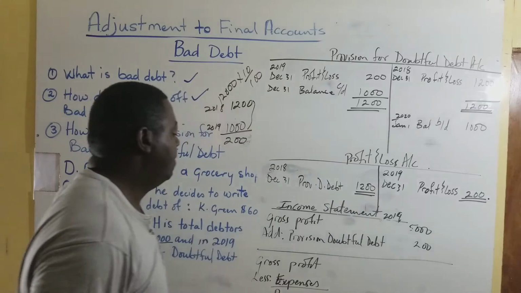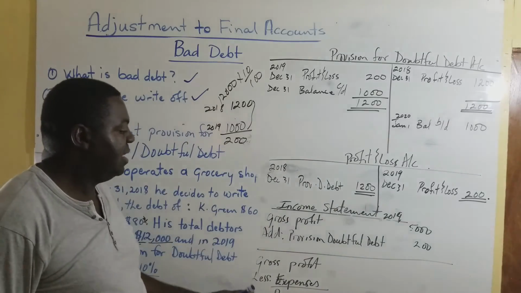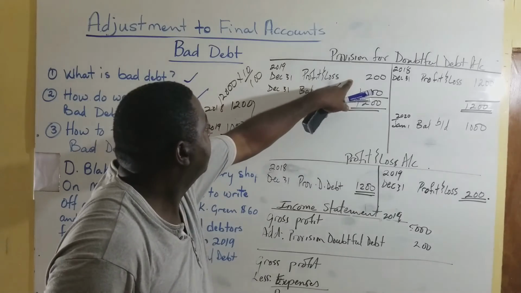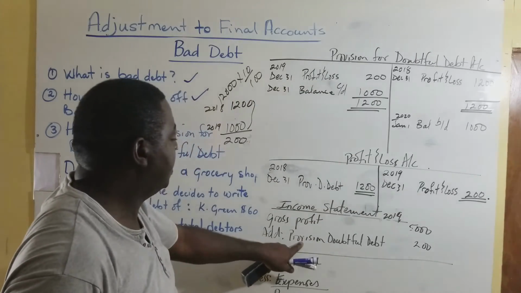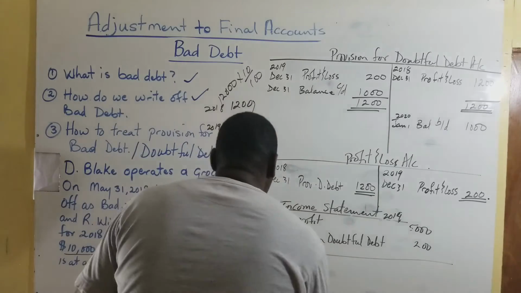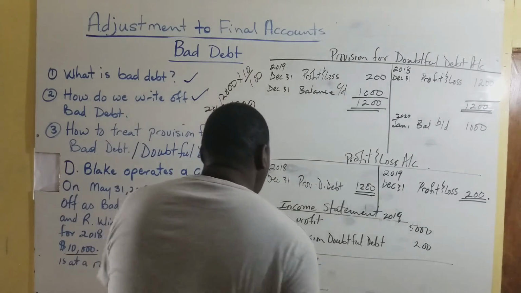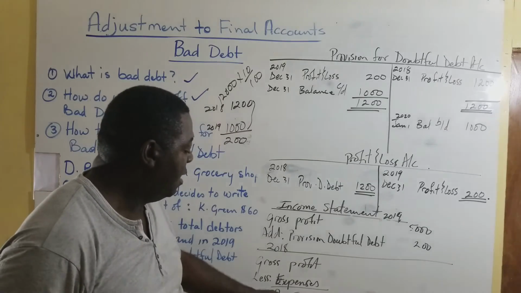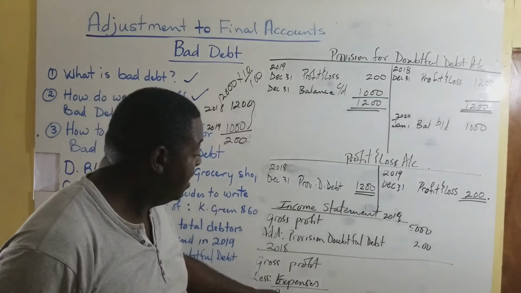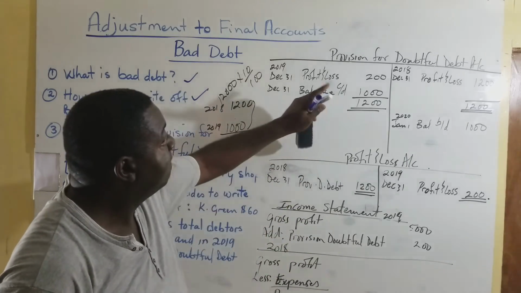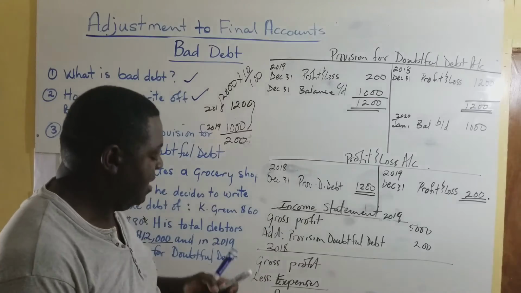So this is how it affects if it decreases. This one for 2019 is how it will be treated. It will be added to the gross profit. For 2018, this is how it would have been treated. It would have been under the expenses. So that's how they will be treated dealing with the income statement.